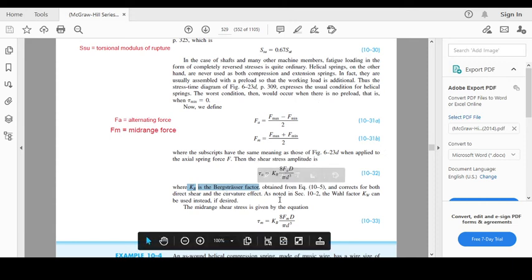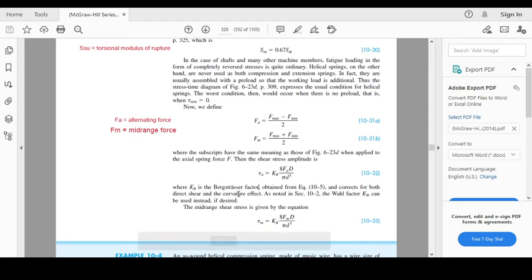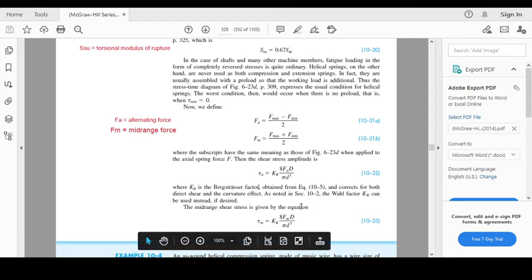We have two conditions, whether you want to use the burst factor or the wall factor, because there is only 1% difference.